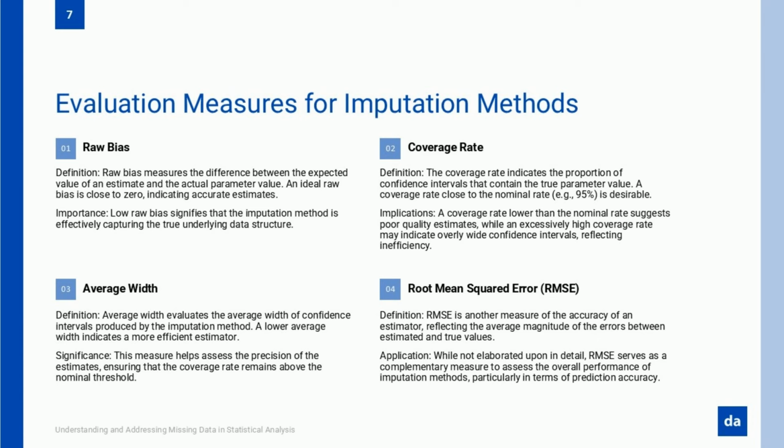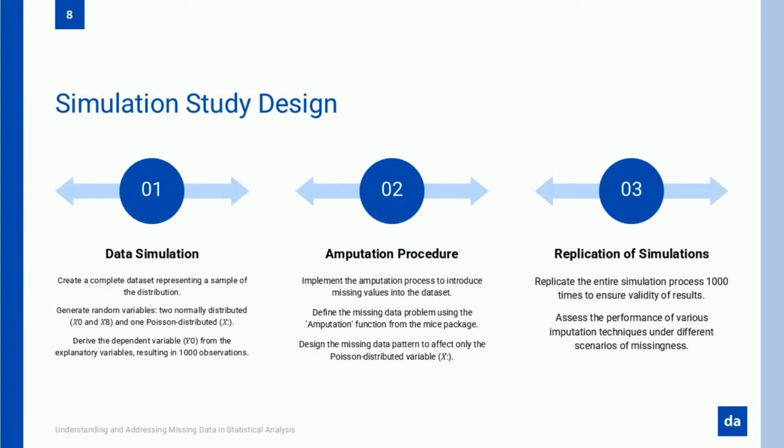Identify strengths and weaknesses of each method in a controlled, reproducible environment. Ultimately, this systematic approach ensures that the best methods are chosen for real-world applications where missing data can have critical implications.